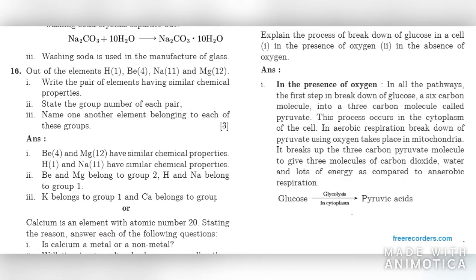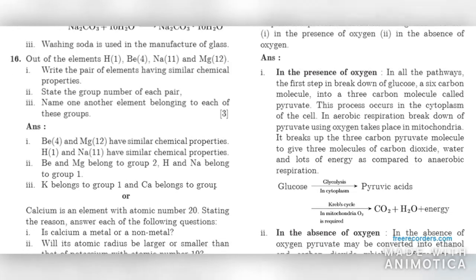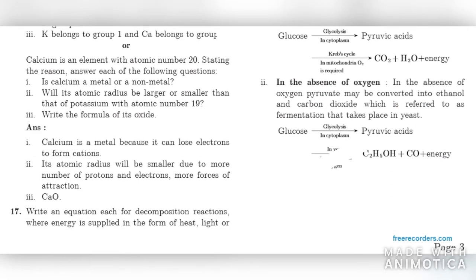Then in the absence of oxygen, again glucose is converted into pyruvic acid. Then in yeast, in the absence of oxygen, it gets converted into ethanol, that is an alcohol, plus carbon dioxide, and energy is released in this case.